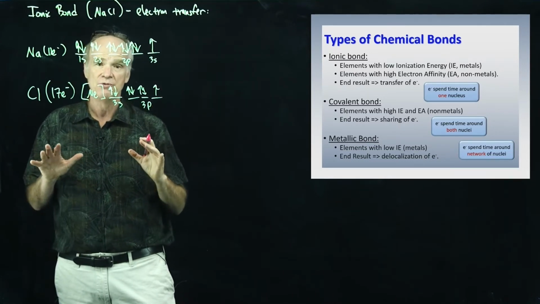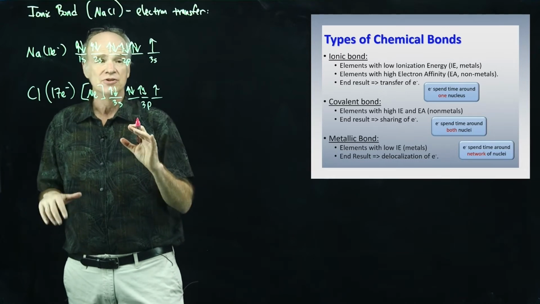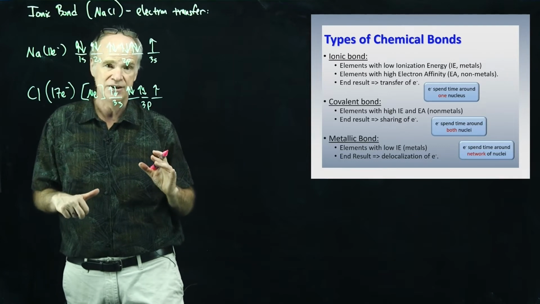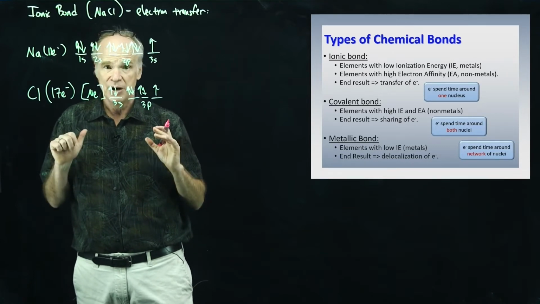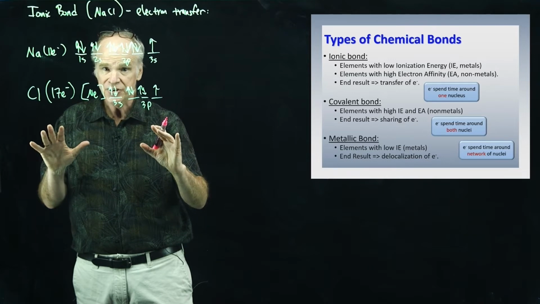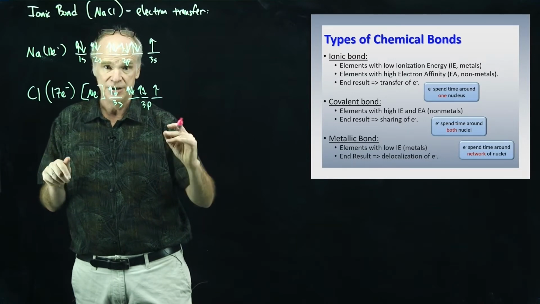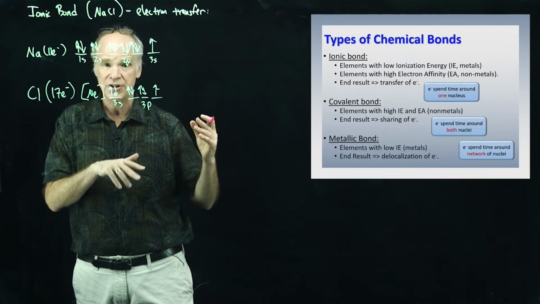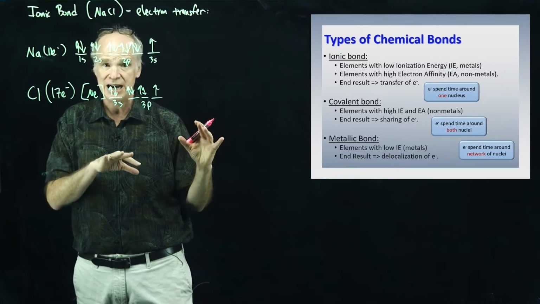There's a couple of reasons for that which you need to know about. So let's first consider, how do we get an electron to leave an atom? The way we get that is by adding energy to ionize the atom. And so to remove an electron from an atom so that it can go to another atom requires some ionization energy.